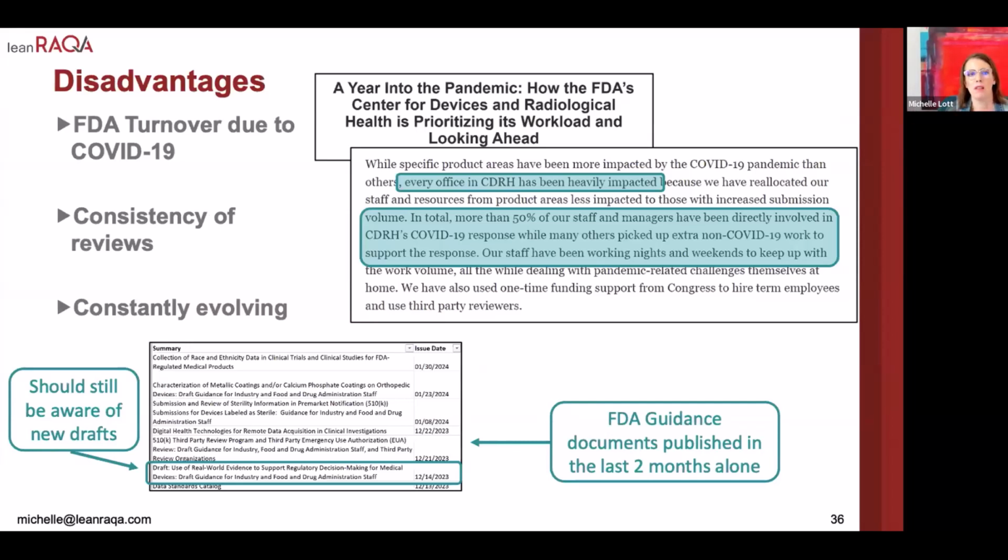That's given a lot of inconsistency to the reviews. So you might not know what to expect, or have the same experience from reviewer to reviewer within a division, but especially between divisions.